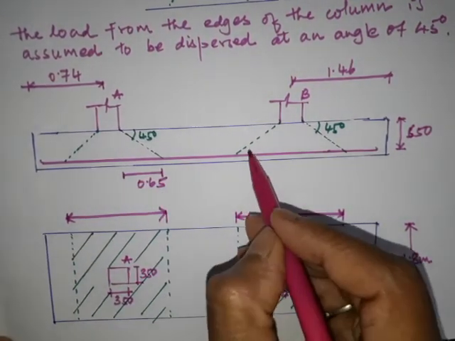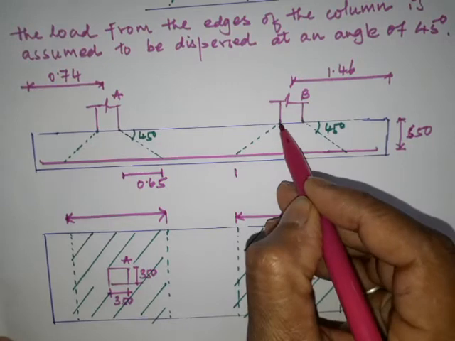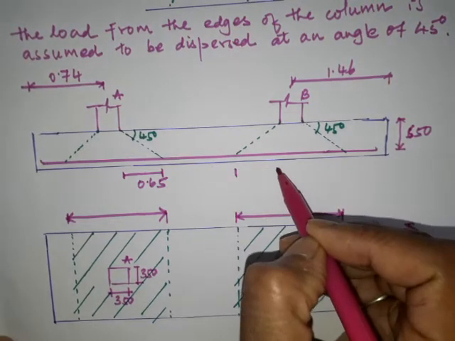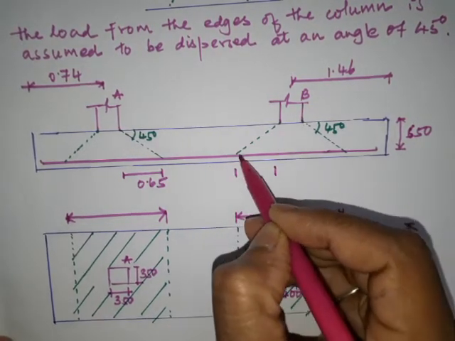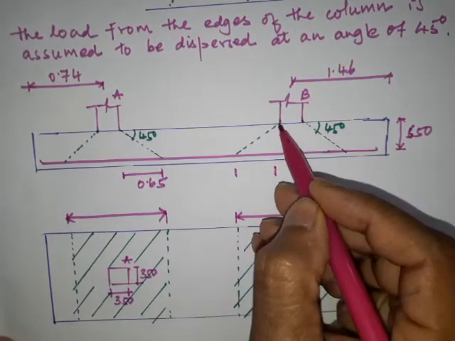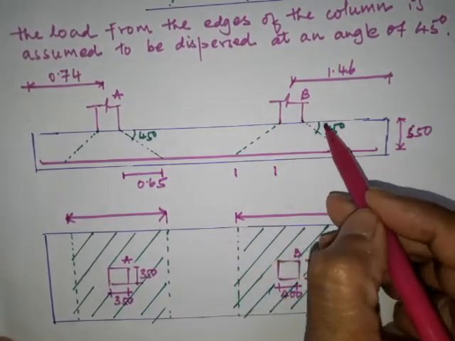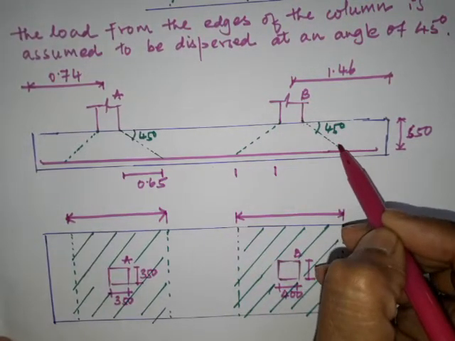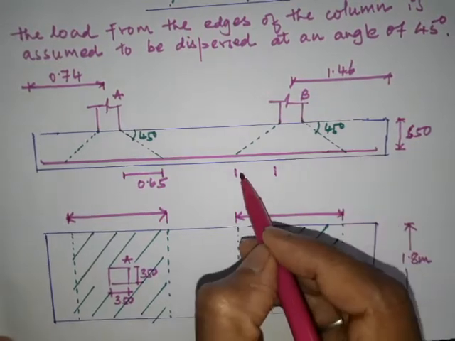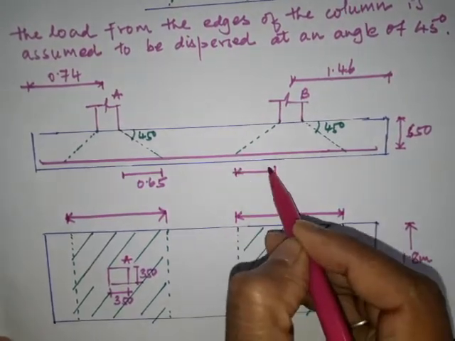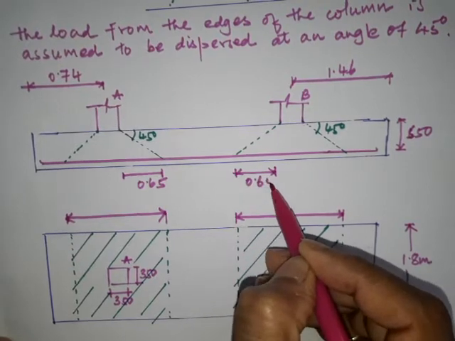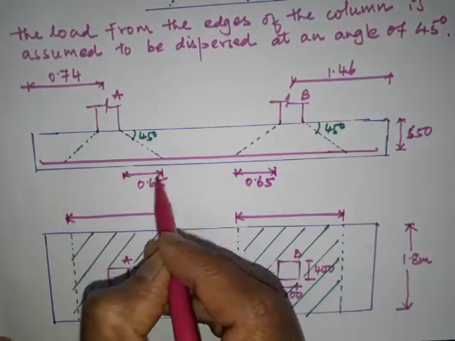So same here you can write, from here to the face of the column or edge of the column to the dispersion, if this is 650, this should also be 650, okay, because the dispersion is at 45 degrees, so 0.65, understood?